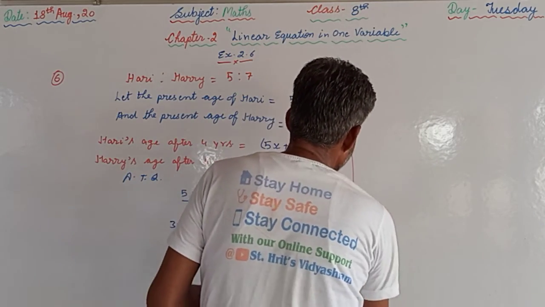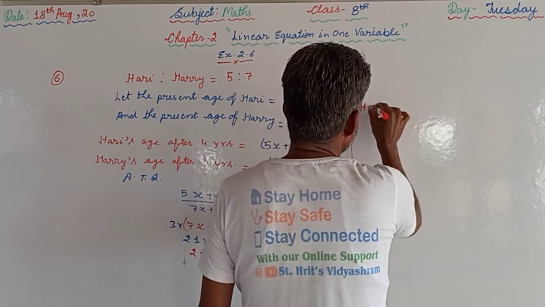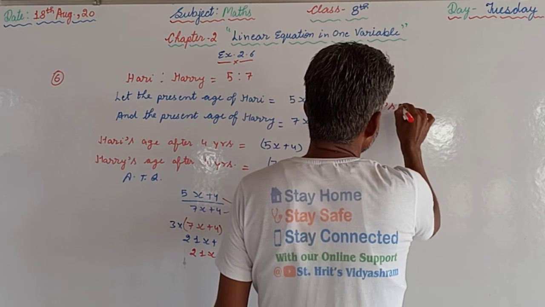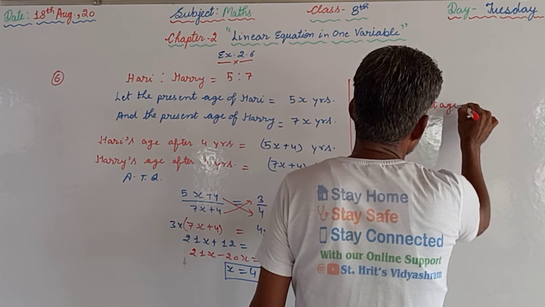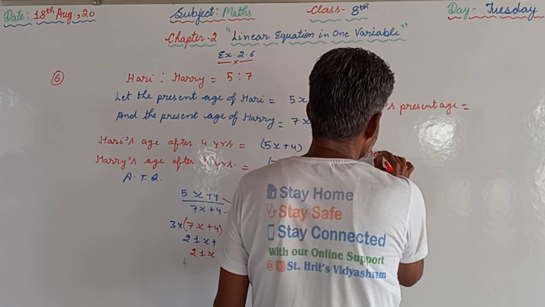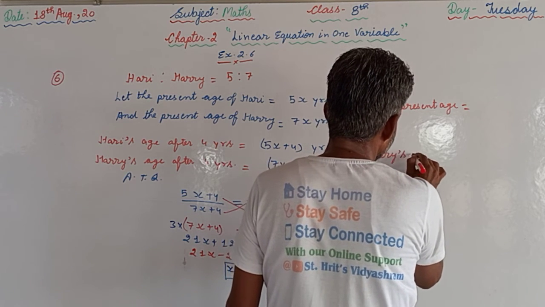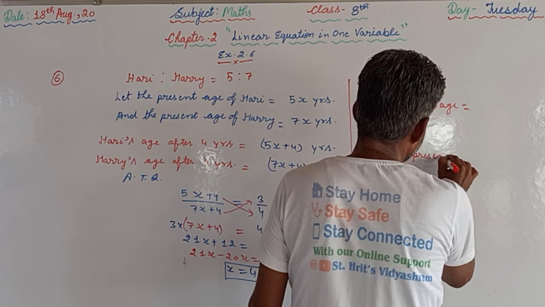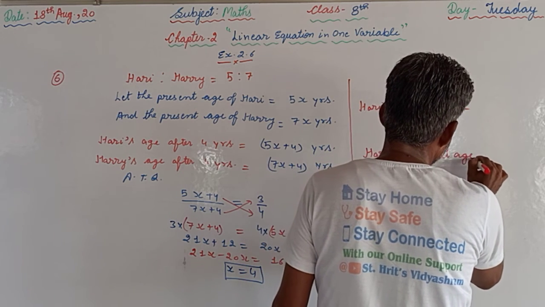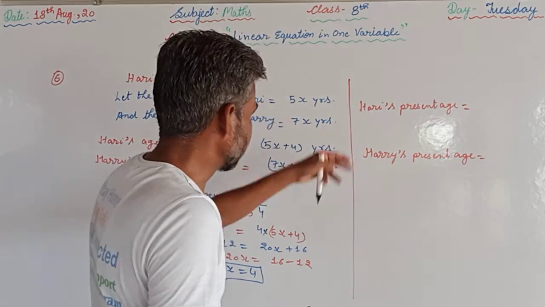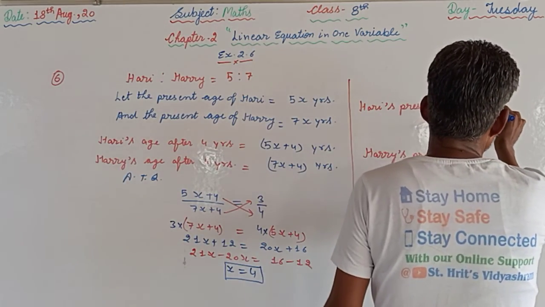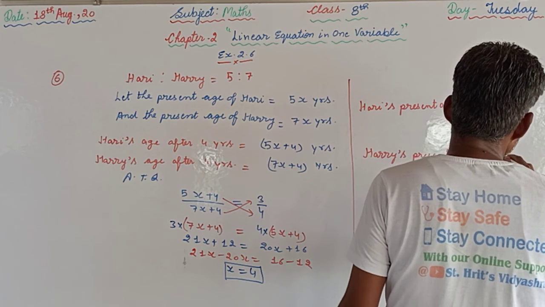So Hari's present age was 5x and Harry's present age was 7x.